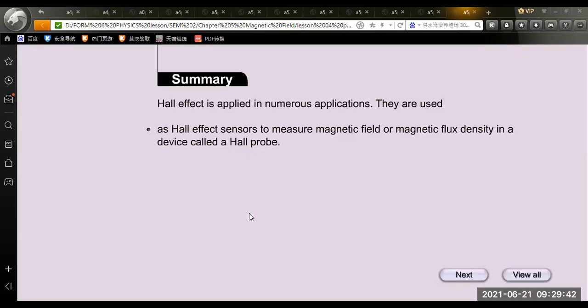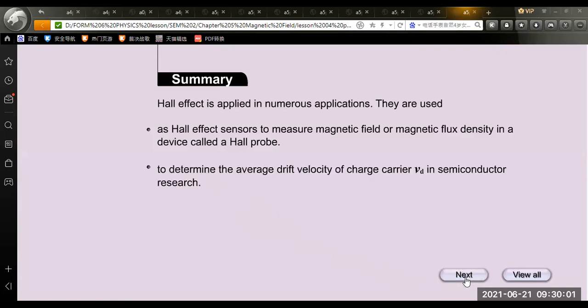So as a summary, as a conclusion, the Hall effect is applied in numerous applications. They are used as a Hall effect sensor to measure magnetic field or magnetic flux density in a device called a Hall plate. To determine the average drift velocity of charge carrier vD in semiconductor research.